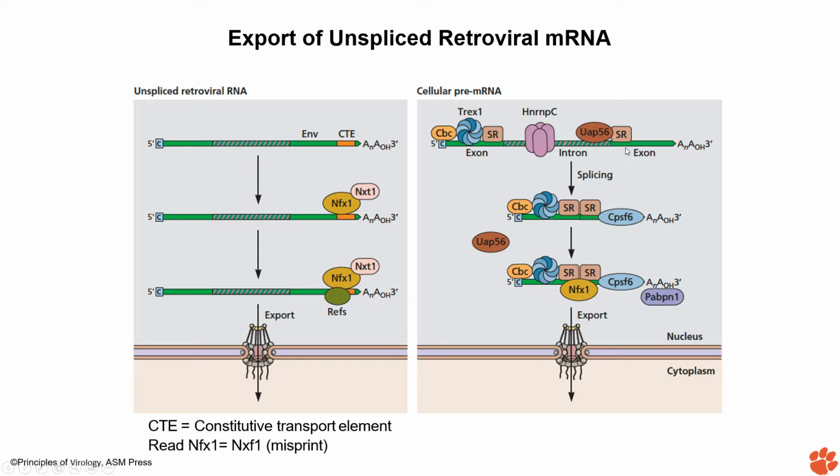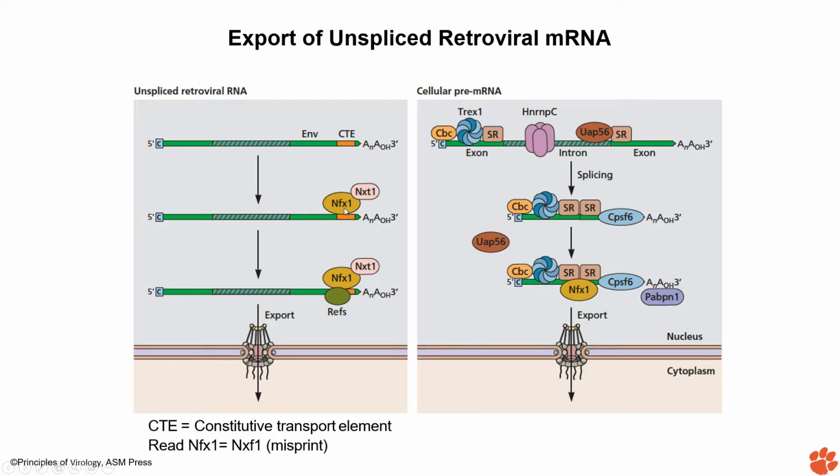Think about the cellular pre-mRNA: all these proteins are homing in onto the splice site. Here on the splice site nothing like that happens, but there is a constitutive transport element where the transport proteins home in and help in the transport. So this is basically the process.